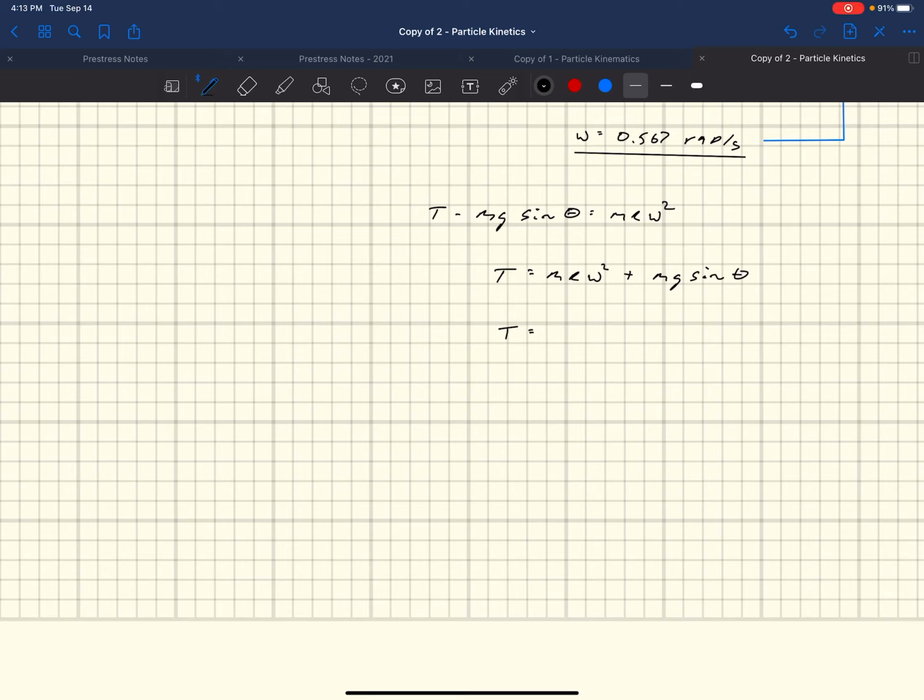T is equal to, the mass is, be careful of your mass. It's 1,000 pounds of people. It's pounds, so that was the weight. 1,000 pounds is the weight, so I have to divide by 32.2 to give me the mass.